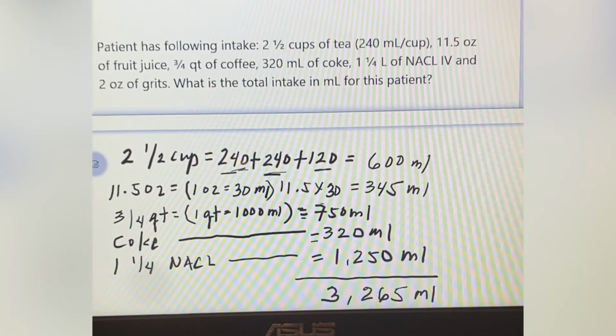How about the 2 ounces of grits? Why the 2 ounces of grits? We will not include it in the fluids intake. Why? Because grits is not liquid at room temperature. This one is solid. That's why these 2 ounces of grits we will not consider as fluids intake.